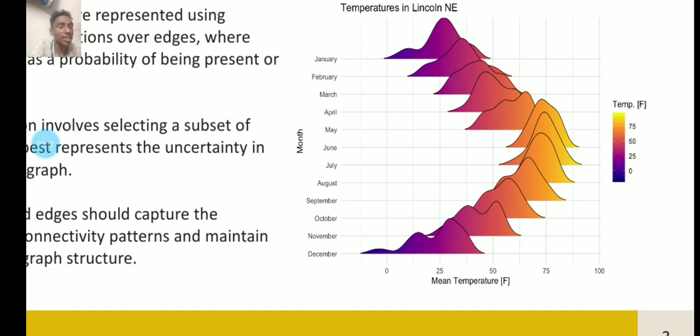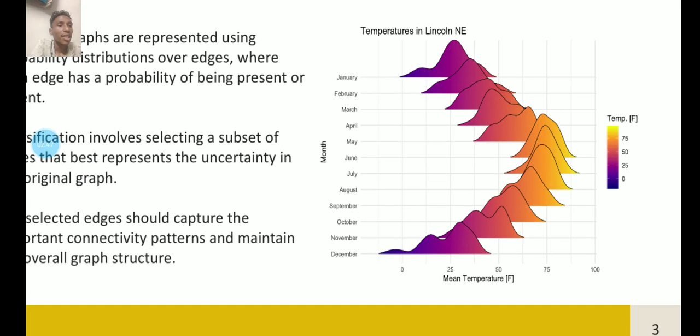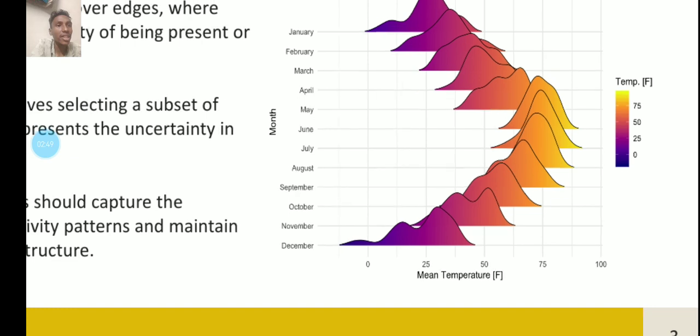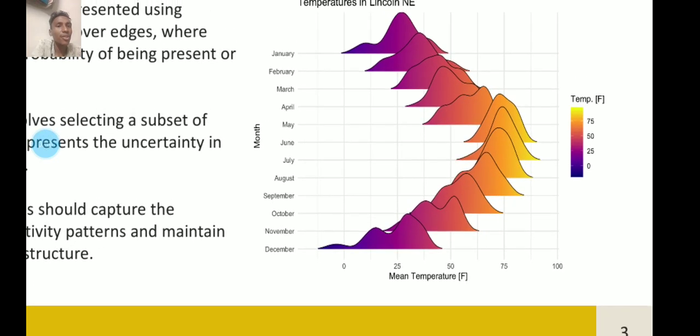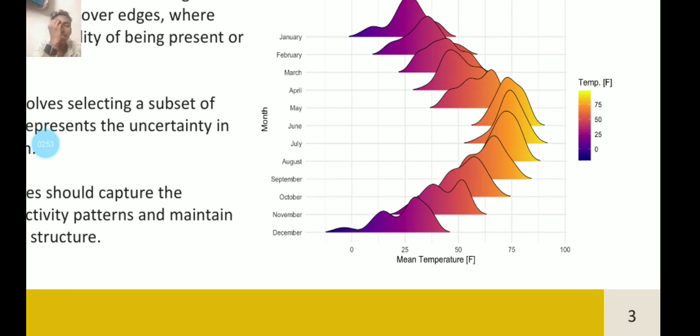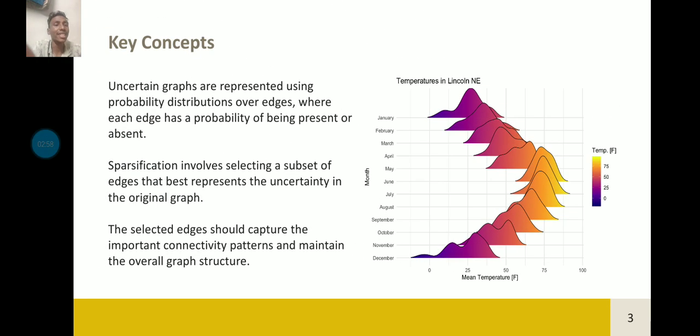F means Fahrenheit. Here we are calculating temperature in Fahrenheit. January has a different color, February, March, like that. Each color has a different meaning and different concept.